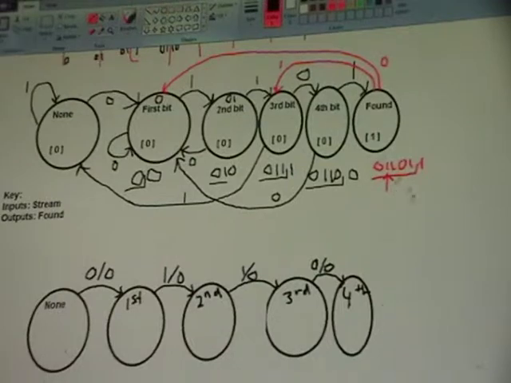Okay, and one more circle. Oops, sorry, didn't need that one. Okay, and then we'll just draw it going off into space for now, but here's your next arrow, and if you see a 1, then you've found it. You found your pattern.